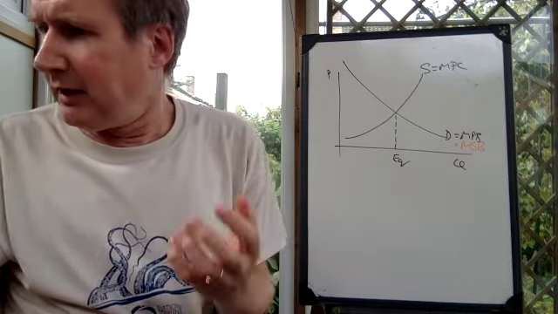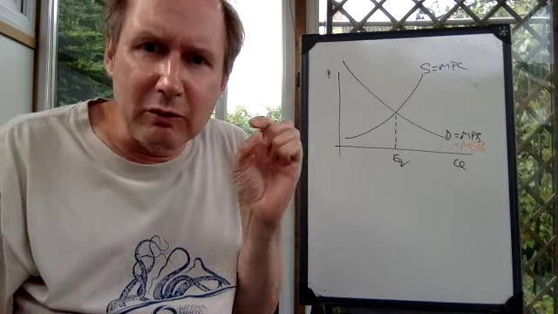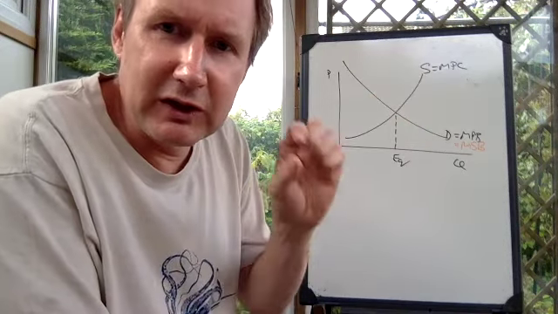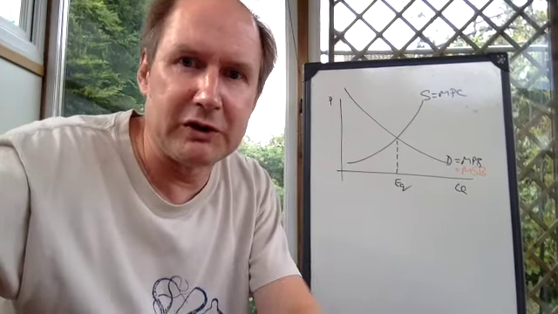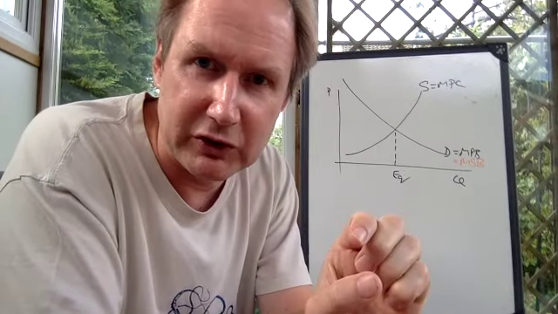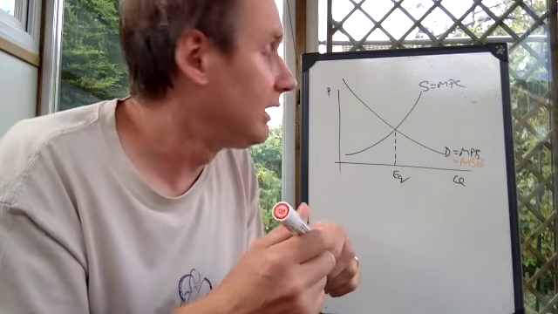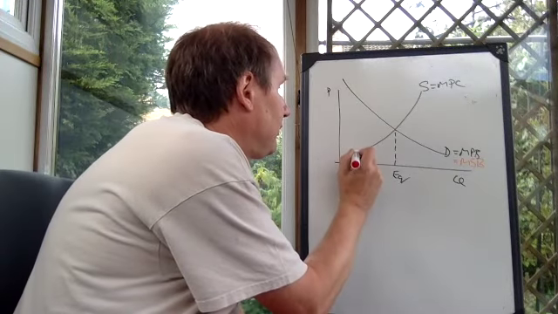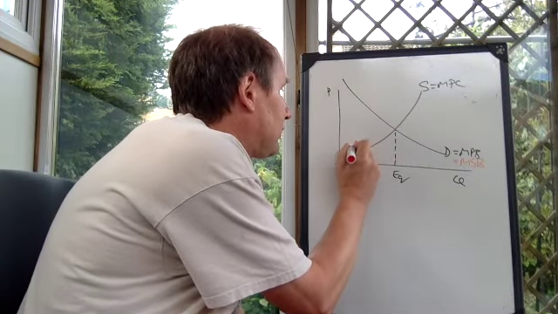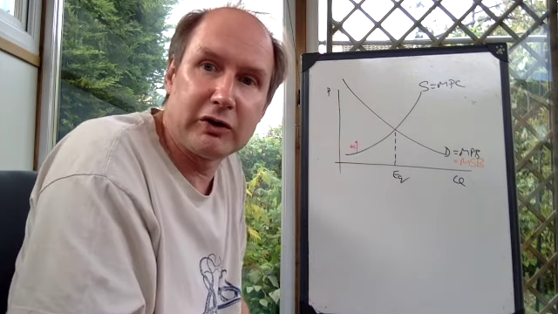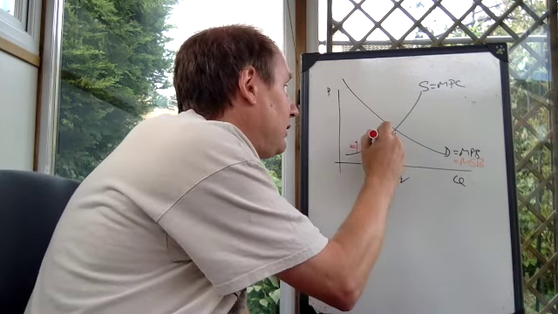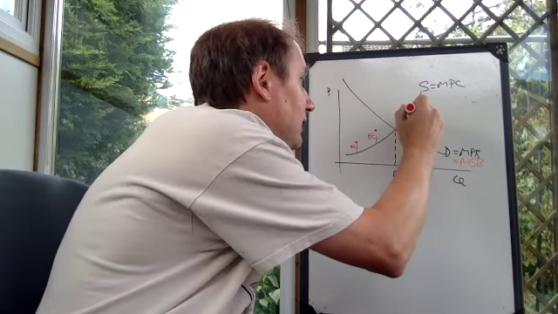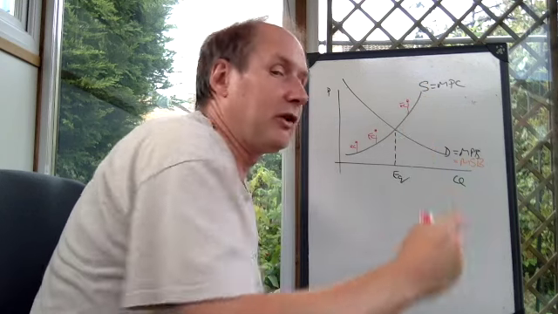What does that mean? That's our private cost, but the true cost, the full cost, if we took into account all of the costs of making these marker pens, we'd have to add on the damage that has to be cleared up. So for this pen, we'd need to add on the external cost for that pen. For this pen, we need to add on the external cost for it, and for this pen as well.